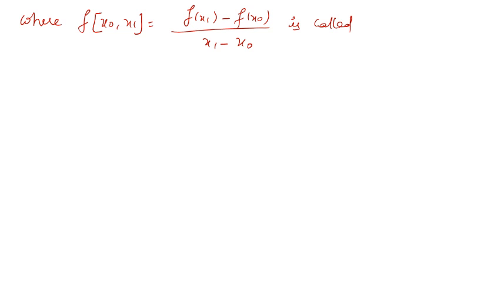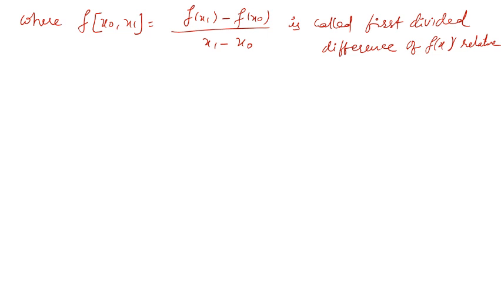Differences in function by differences in x values is called first divided difference. First divided difference of f of x relative to x naught and x1, right?